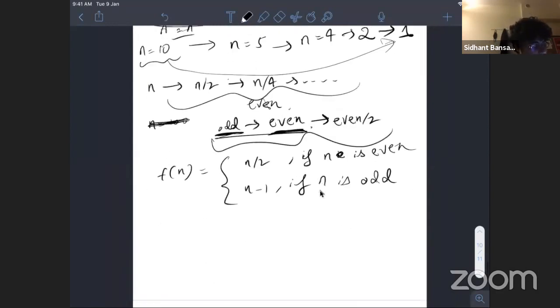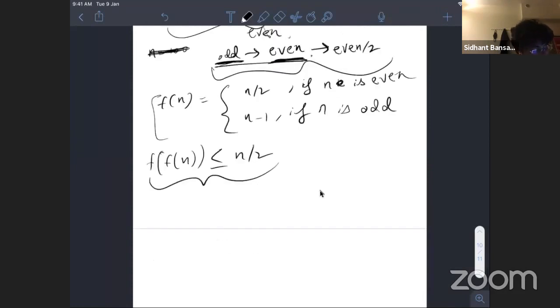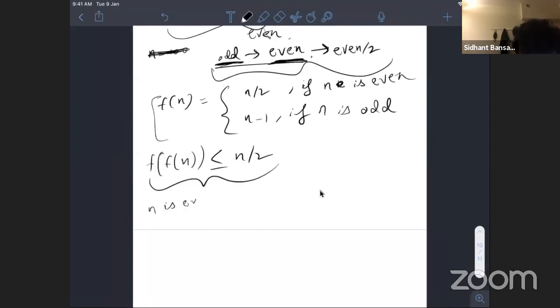So the idea being that if you have this thing, then f of n is definitely going to be less than or equal to n by 2. Think about it. If n is even, then f of n is going to be n by 2, right? And f of n is also going to be less than or equal to n by 2.